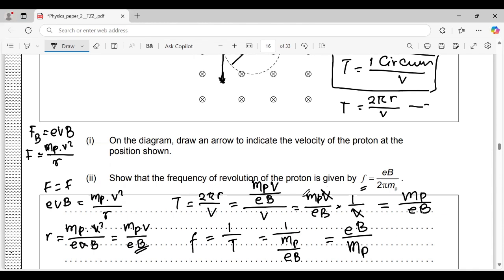I forgot to add the 2 pi earlier; it is supposed to be 2 pi here, and here as well. Wait, I'm going to fix it. So f equals eB over 2 pi mp. This is the frequency, as required.